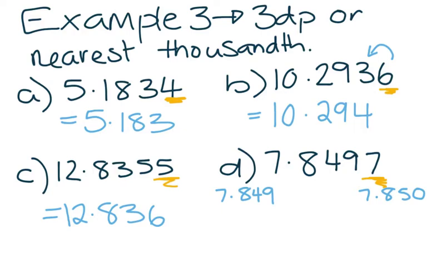And then we've got all those little numbers in between, which means that 7, yes, it does push that 9 up because it makes it go to 7.850. Notice how I still wrote 3 numbers after the decimal point, because we are rounding to the nearest thousandth, which means there has to be 3 numbers after the decimal point, even though 7.85 and 7.850 are the exact same number.